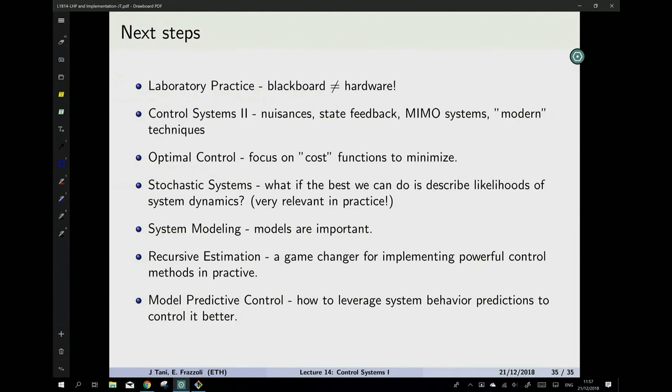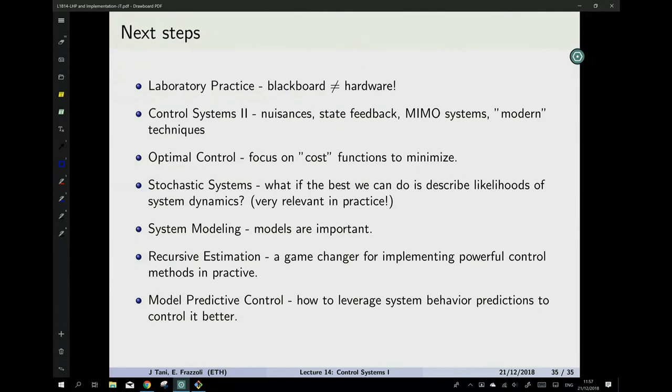Another important class, a very beautiful topic, is recursive estimation. It sounds very far away because you don't even know what estimation is at this point in time, but said bluntly, recursive estimation is the magic that makes things actually happen in real time and in performant systems, okay? If you want a robot to do its thing for real, it's running all this stuff in the background, using plenty of control systems on top of other little blocks that you need to add in the loop.